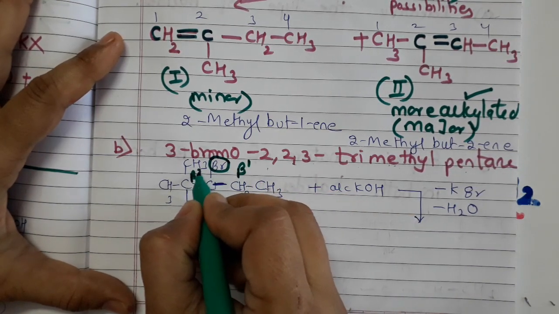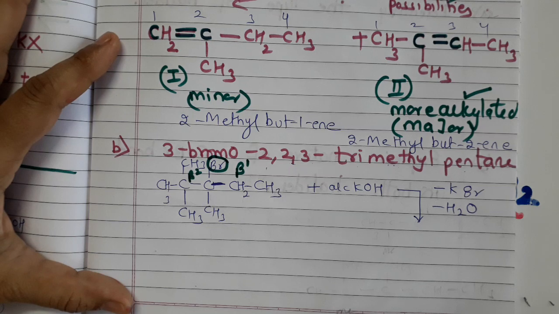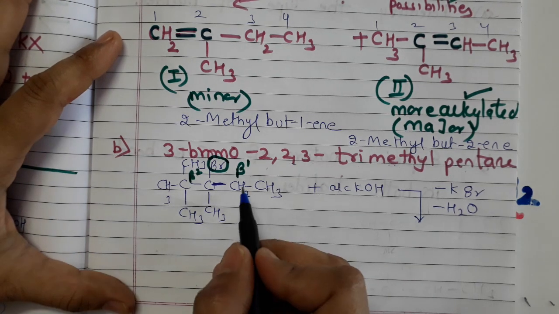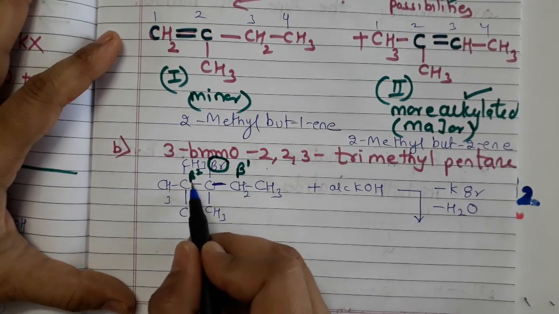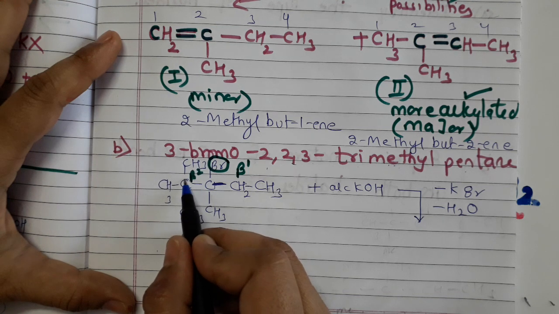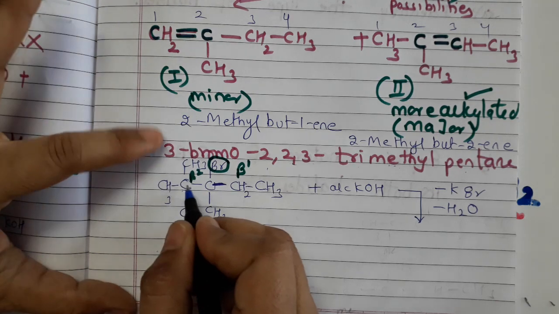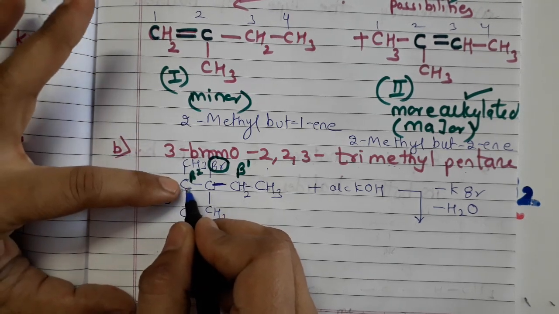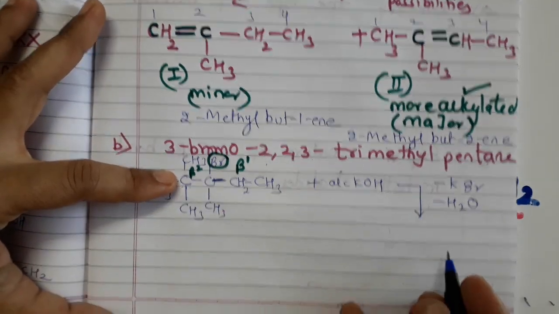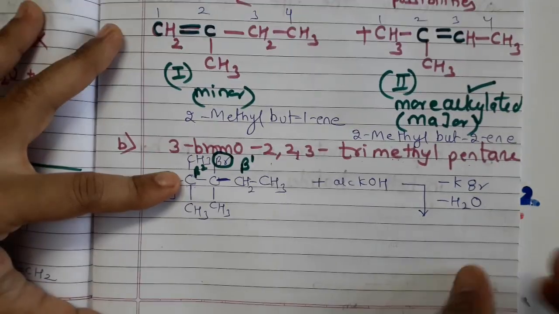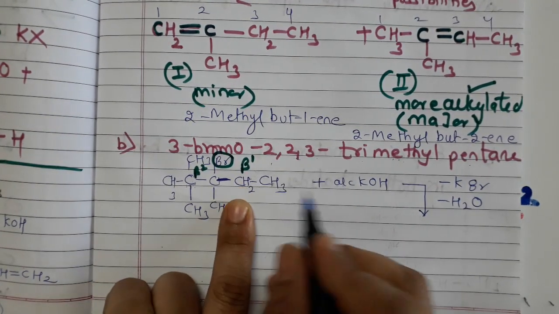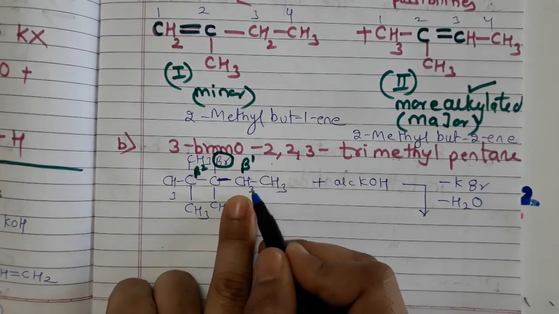Now in this case, if you notice, definitely there are two beta carbon atoms, beta 1, beta 2, but if you notice, on the beta 2 carbon atom there is no hydrogen present. So from this side, no hydrogen will be eliminated. Then what will be the product? The product will be very simple now. There is only one option. From here the H will come out.